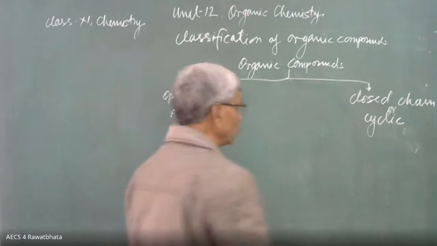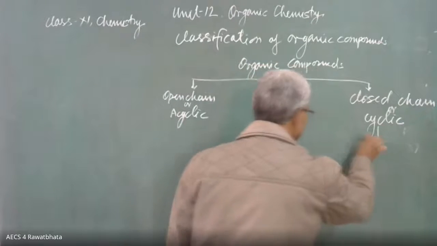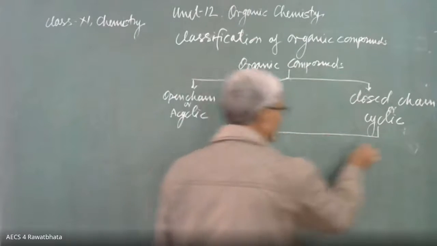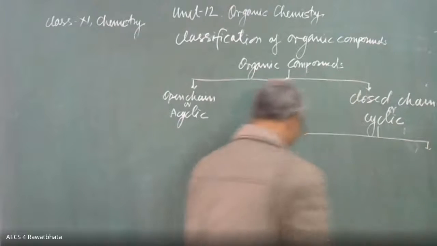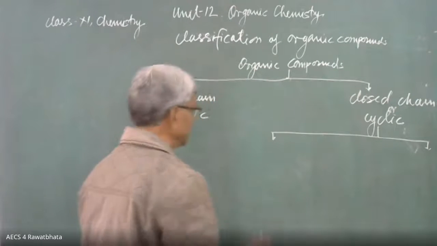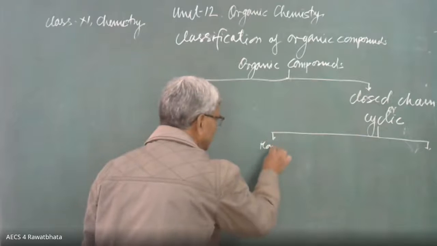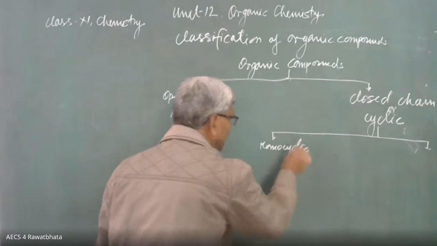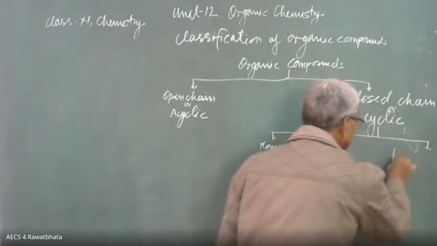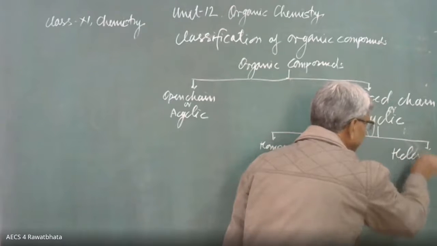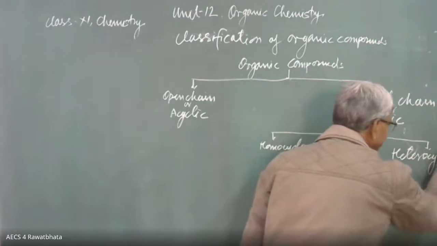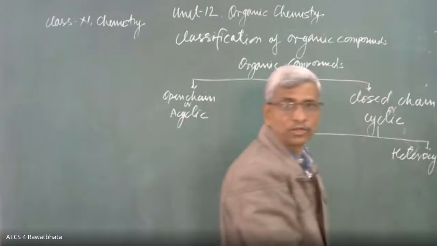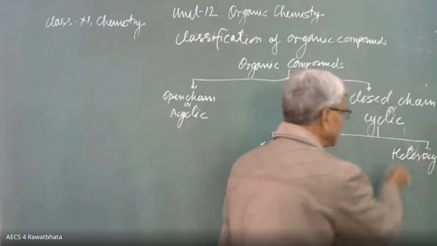Then closed chain organic compounds are classified as one called homocyclic and another called heterocyclic. Are you able to see this part?